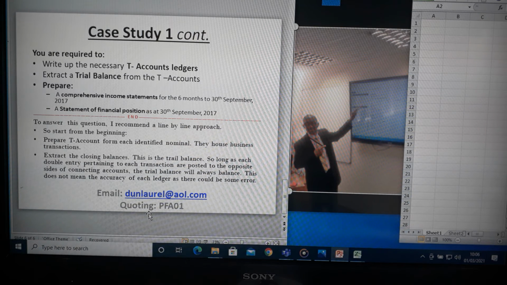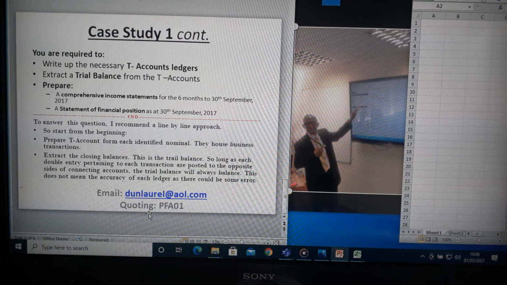Now, from this scenario, we are required to write up the necessary T accounts, extract the trial balance, and then finally prepare a comprehensive income statement with a profit and loss account for that 6-month period to 30 September 17, and a statement of financial position, which is the balance sheet, as at that date.